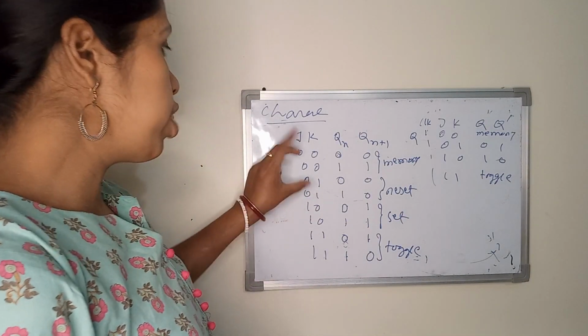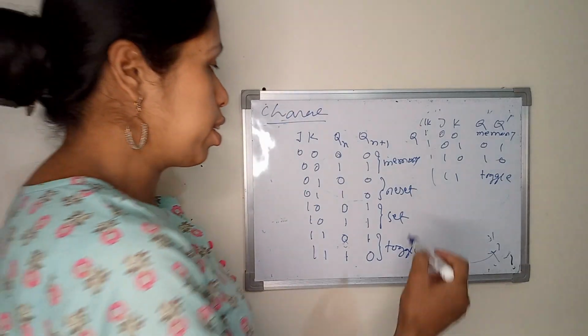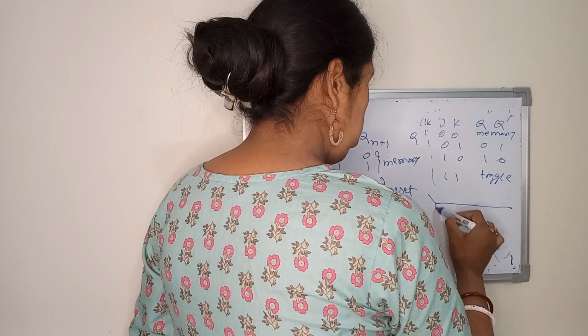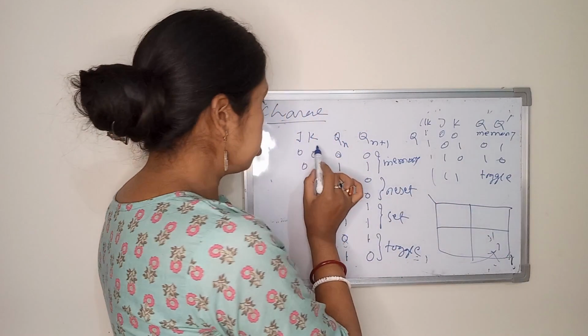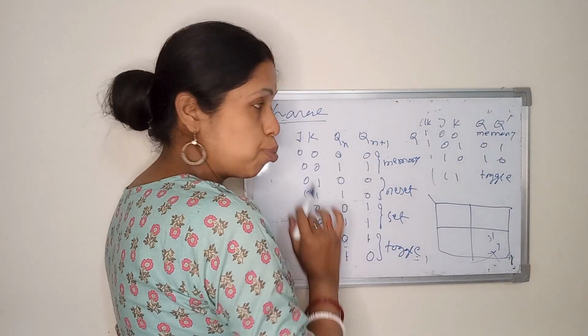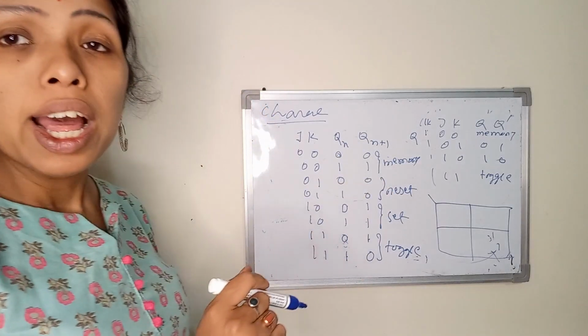So now that you have the characteristics table, you can write down the characteristics equation. In the characteristics table, J, K, Q, these three are inputs and Qn plus 1 is the output.